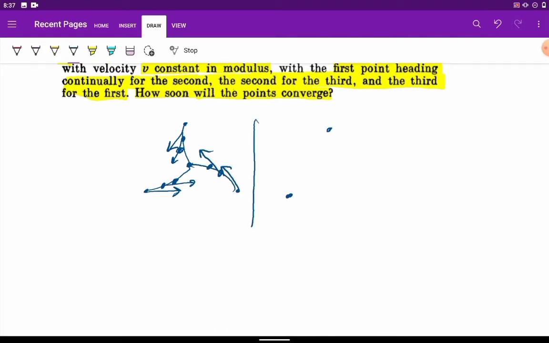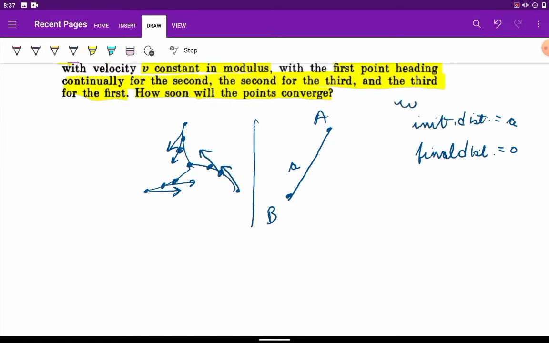If we take only two particles, particle A and particle B, and we are sitting on particle A, then with respect to particle A, how particle B is moving is what we need to see. Their initial distance is A.